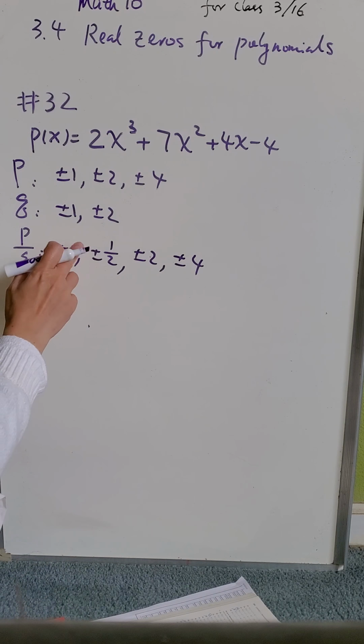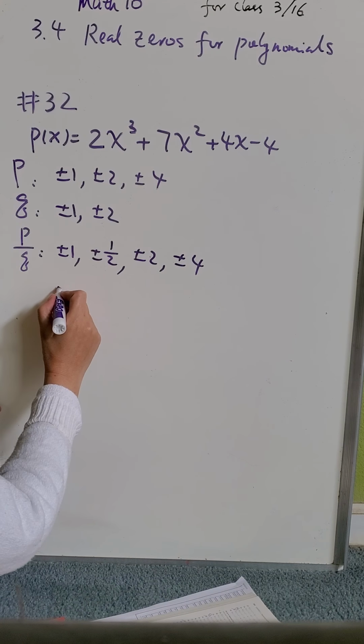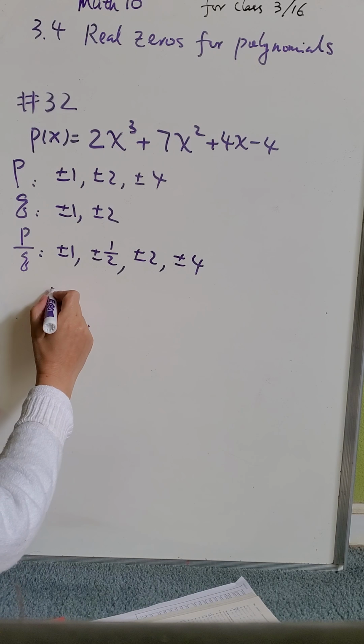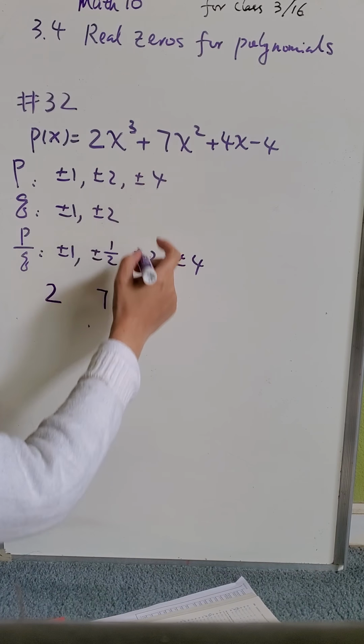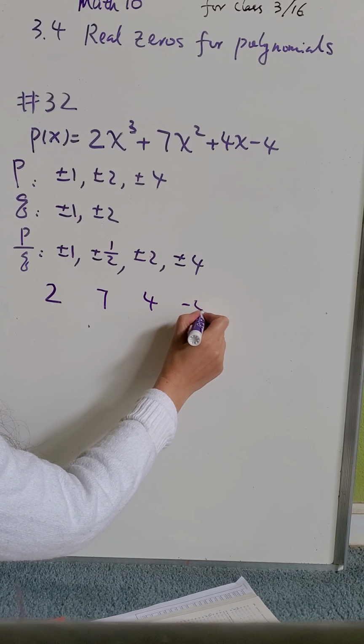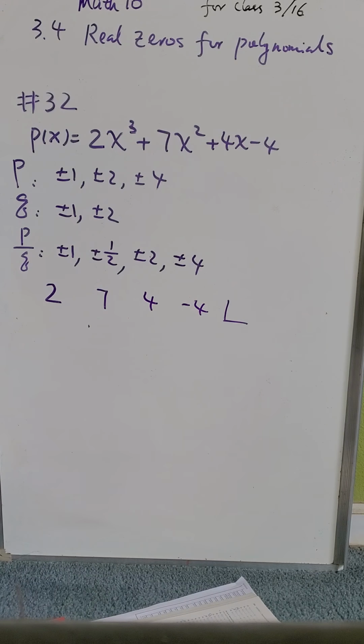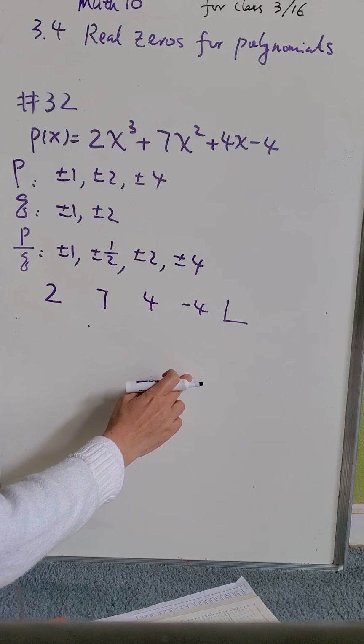And we're going to try it, seeing what we're going to use. I tried it already before, so I write my coefficients first, and then I tell you what I'm going to put in the box. So 2, 7, make sure no missing term. 1 doesn't work, I tried it, it won't give me 0.